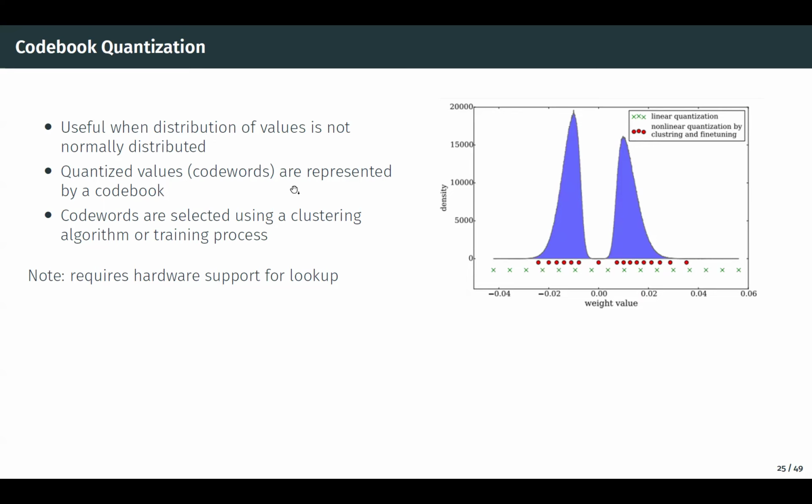In this case, we can use a codebook, more of a lookup table, to describe these weights. Of course, it needs hardware support because you're basically building a lookup table.